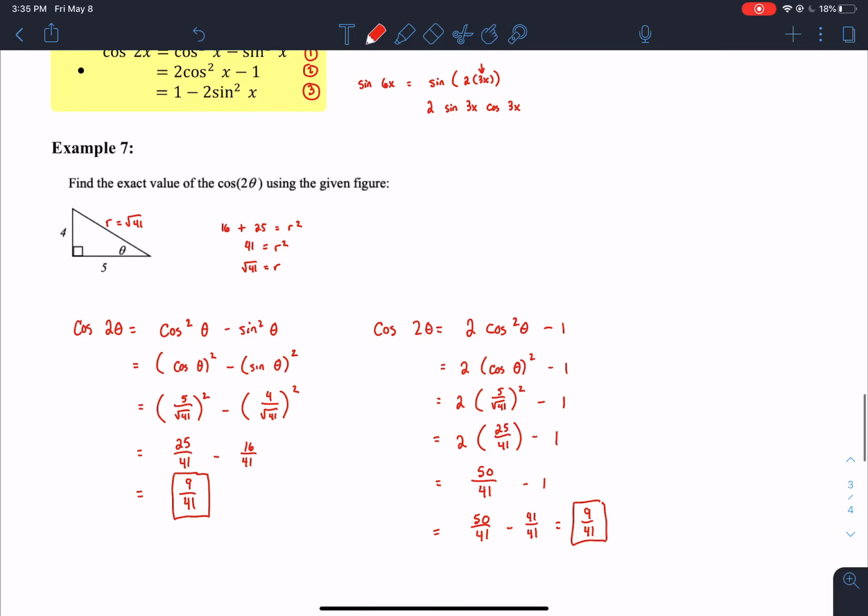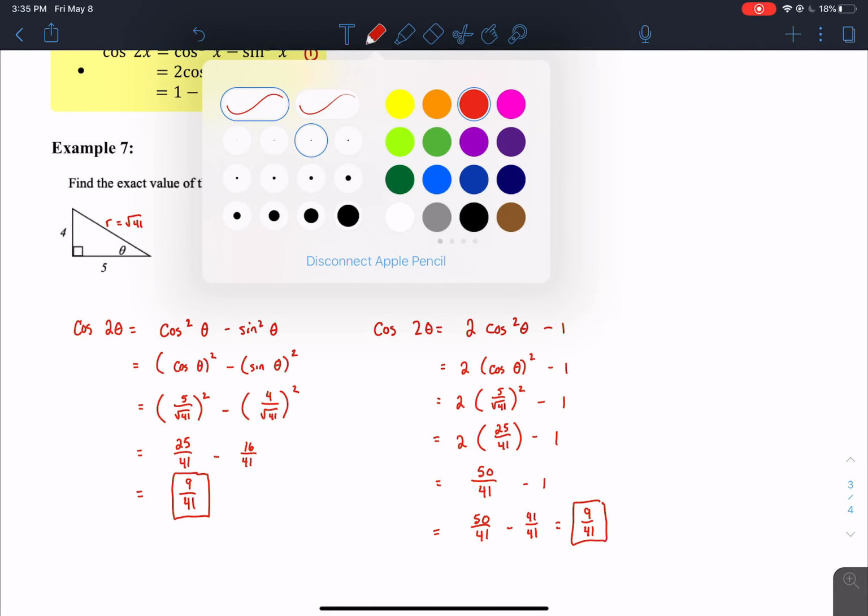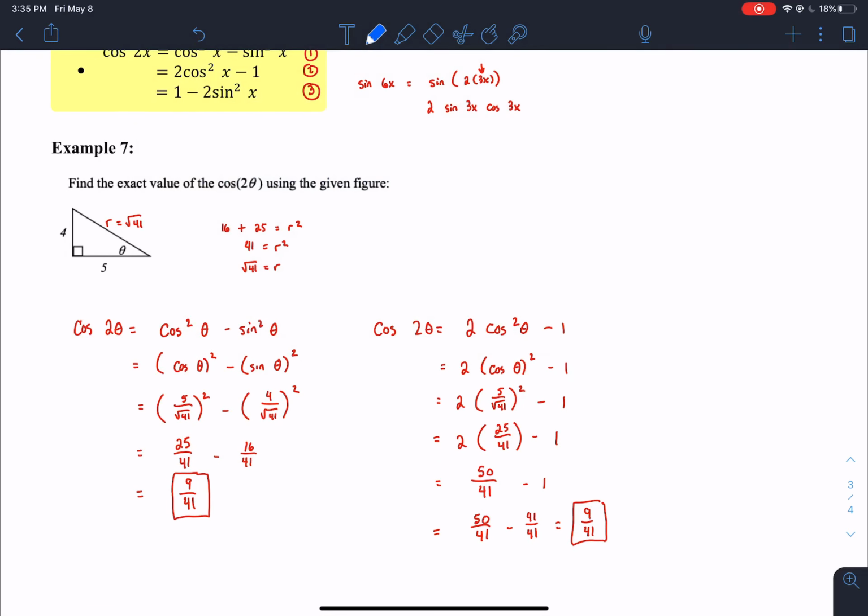Now, I know it's not on here, but say it asked you for sine of 2 theta. Sine of 2 theta is 2 sine of theta cosine of theta. So you've got 2 times sine of theta, which is 4 over root 41, times cosine of theta, which is 5 over root 41.